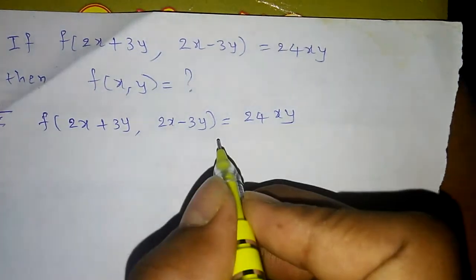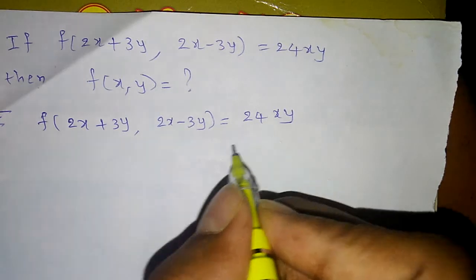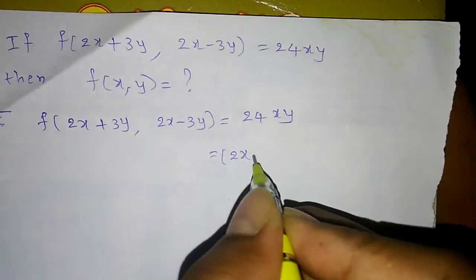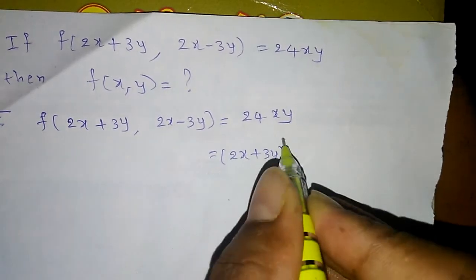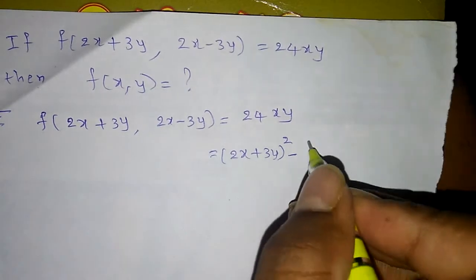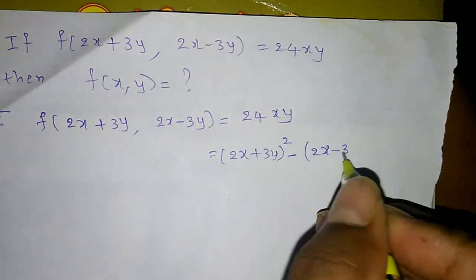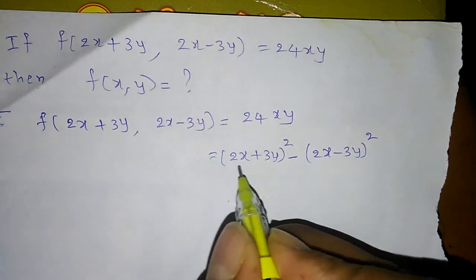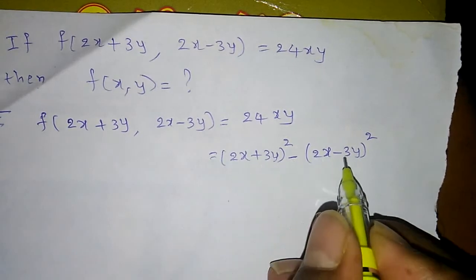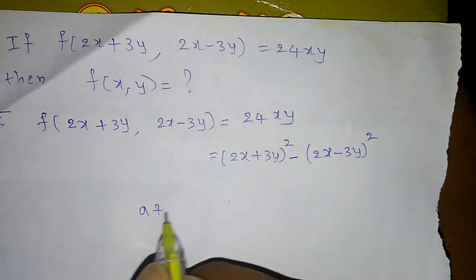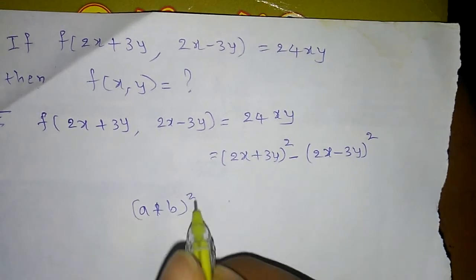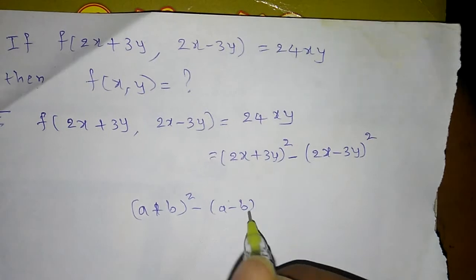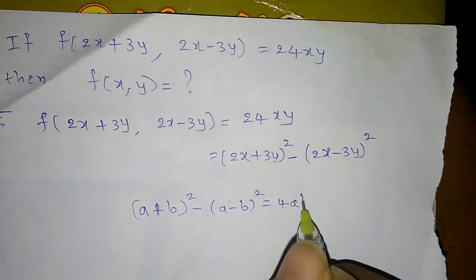Okay, so here observe, I can write 24xy as (2x plus 3y) whole square minus (2x minus 3y) whole square. Okay, so this is (a plus b) whole square minus (a minus b) whole square, which is equal to 4ab.